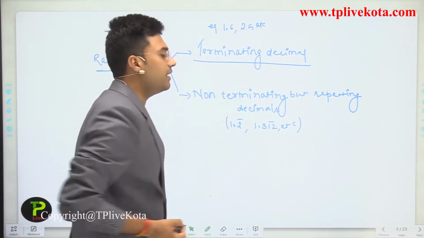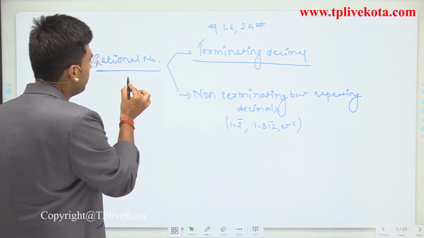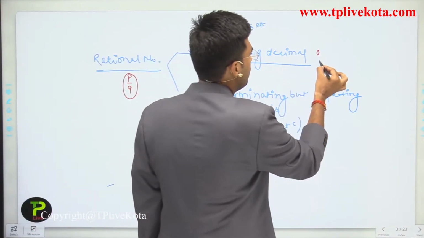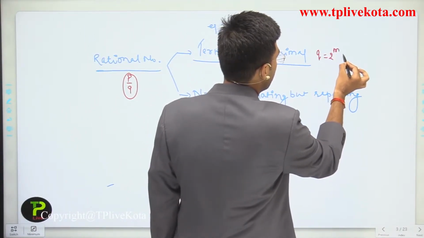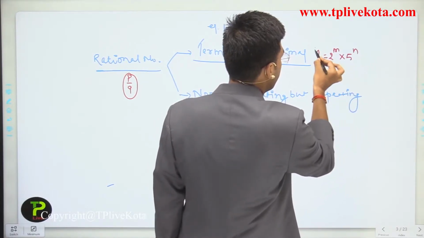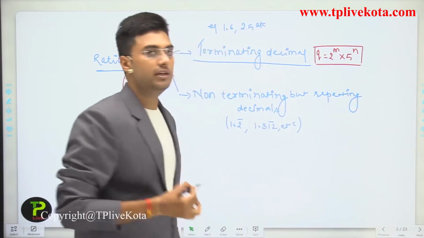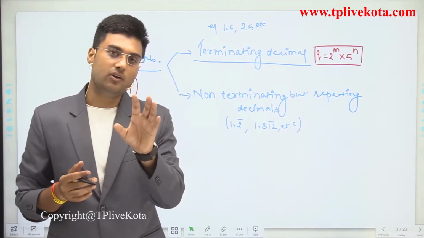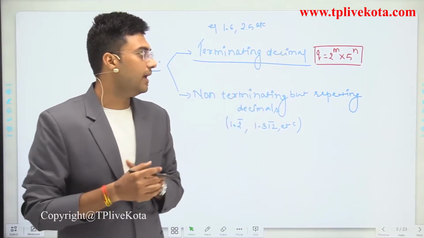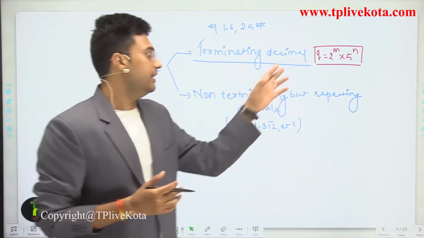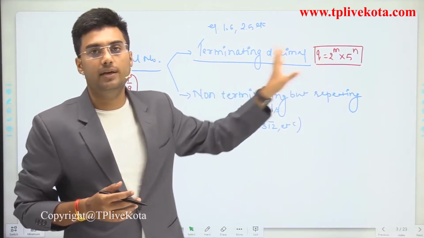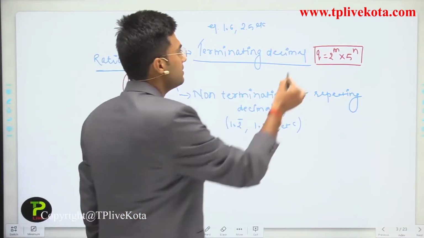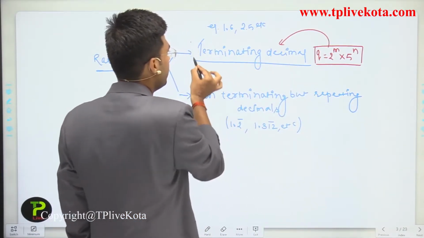We know that a rational number can be represented in the form of p by q, and if q can be written in the form of 2 power m multiplied by 5 power n, or we can say that if the denominator can be represented in the form of 2 power m multiplied by 5 power n, and it is nothing but the prime factorization of the denominator, then we can say that this rational number is a terminating decimal number.